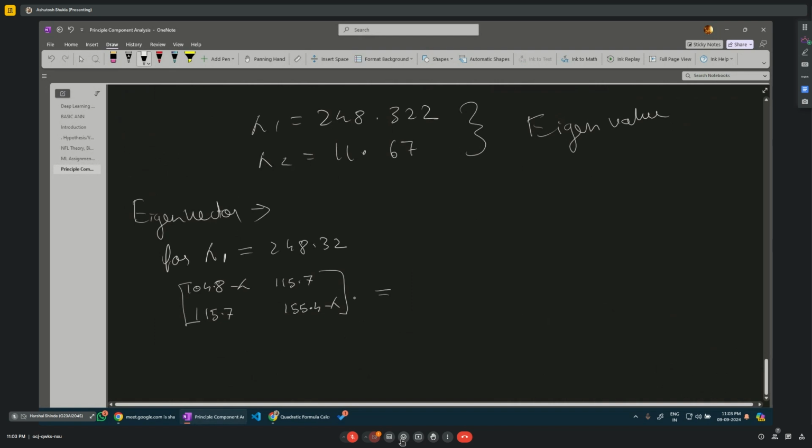And we create a matrix: 104.8 minus 248.32, 115.7, 115.7, and 155.4 minus 248.32. So this is only taking lambda 1, not taking lambda 2 yet. We will do lambda 2 after this.